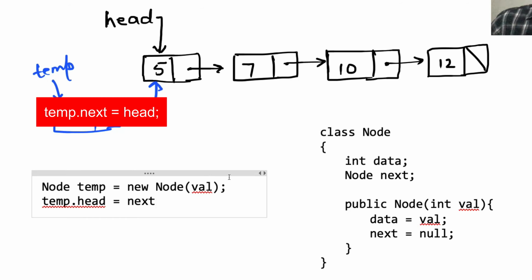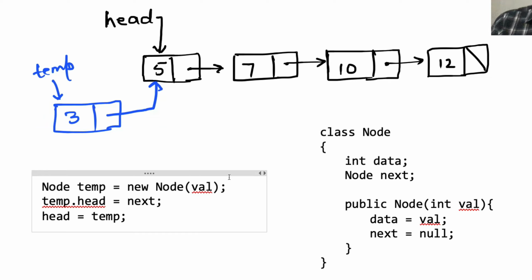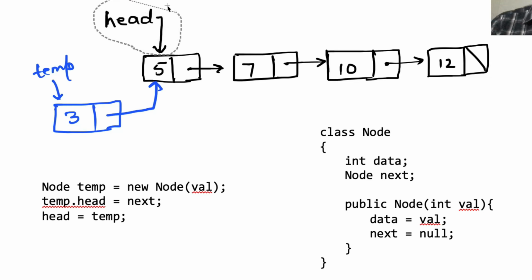Again, if it is C++, then temp arrow should be there, but since I'm using the Java syntax, temp.next is head, and then head is equal to temp. So this head is now equal to temp, which means that head is pointing here.